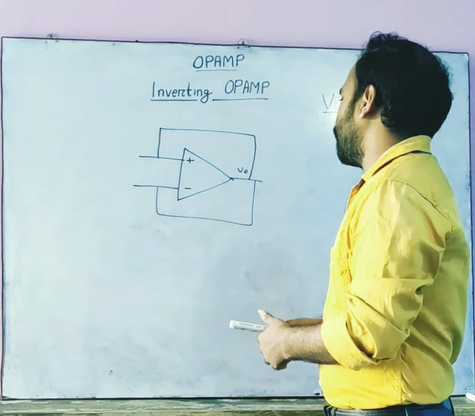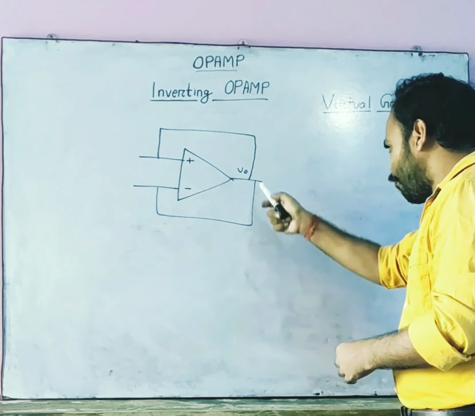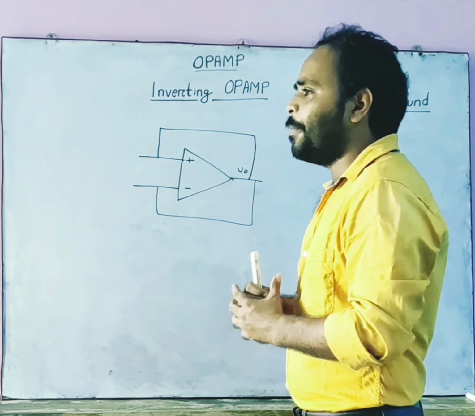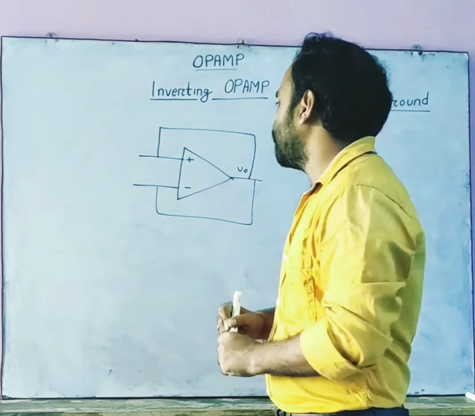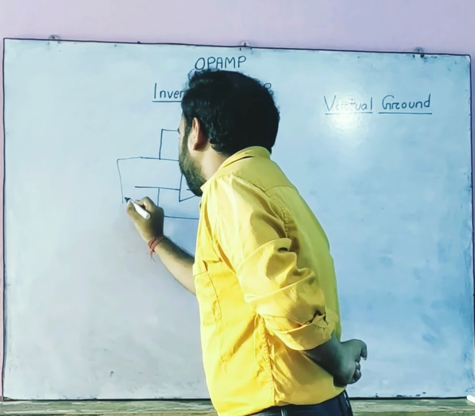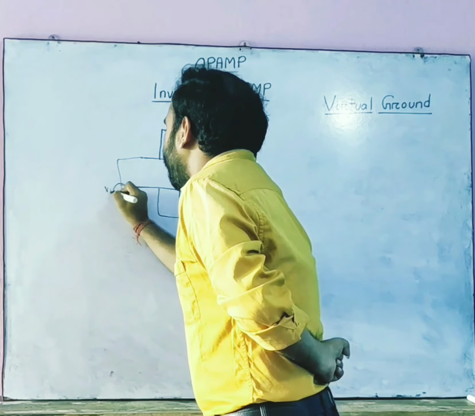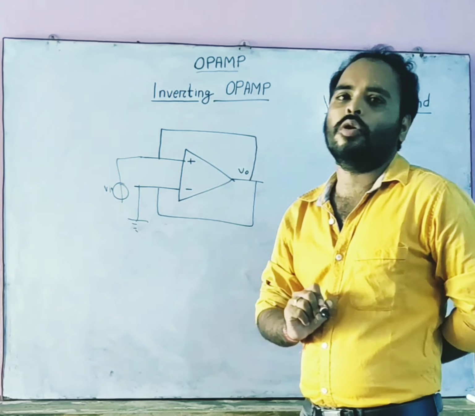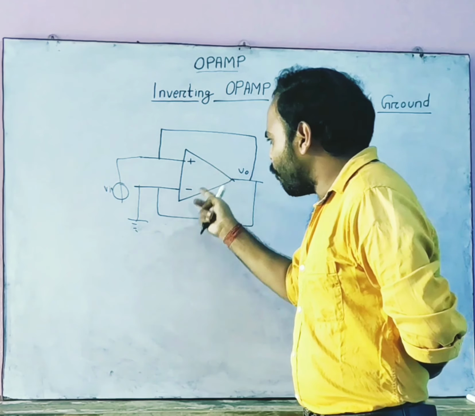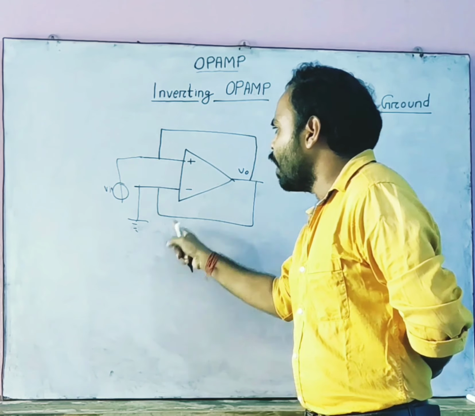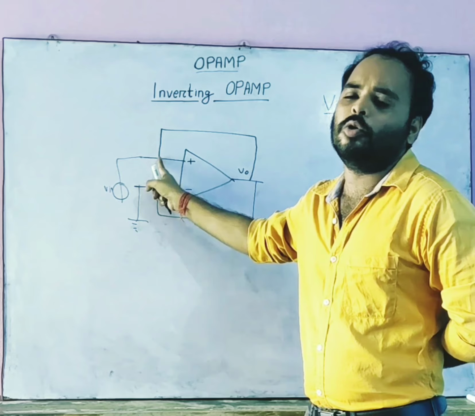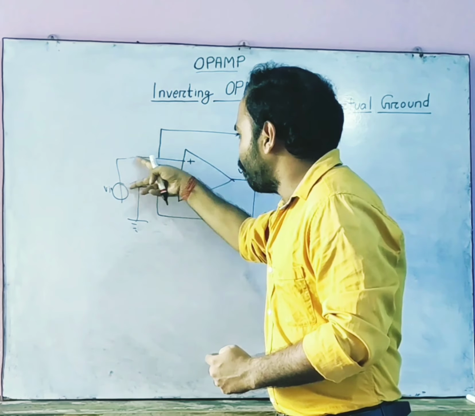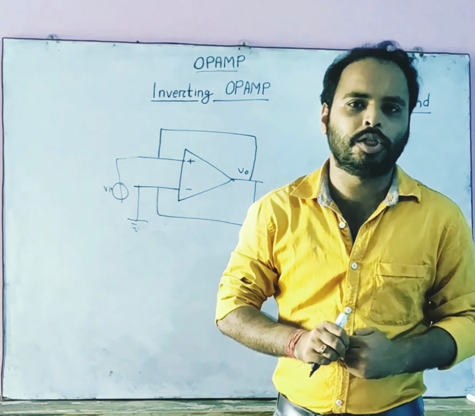In the negative feedback condition, we apply the feedback to the inverting input, and this can be done in three ways. We can connect the positive terminal to an input source and the negative terminal to ground. Also, we can provide the input to the negative terminal and connect the positive terminal to ground. And in the third condition, we can connect both the inputs to a common voltage source.